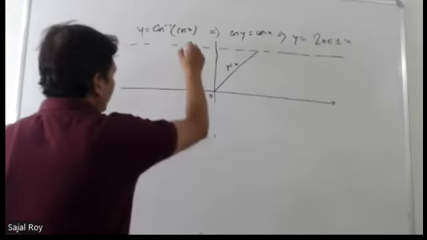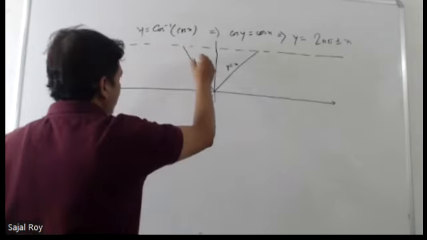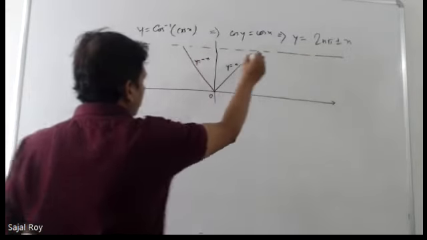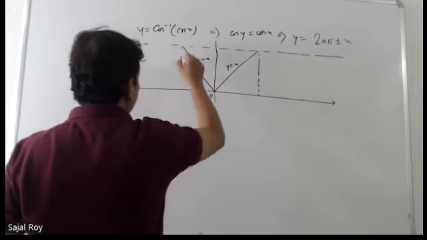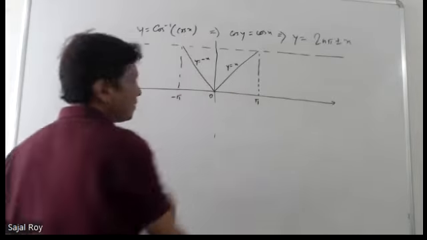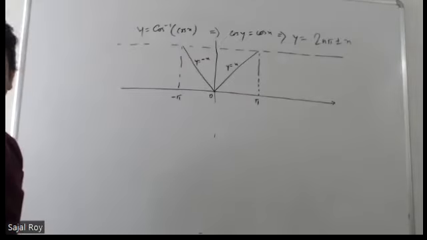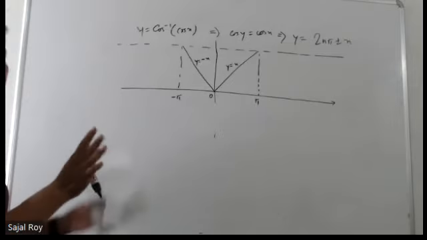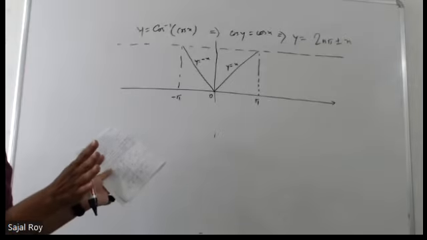So this is your y equal to x line, this is your y equal to minus x. For a particular value of n, you are getting two pairs of straight lines.